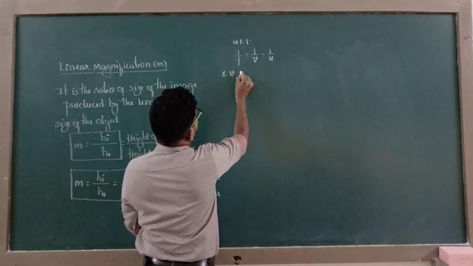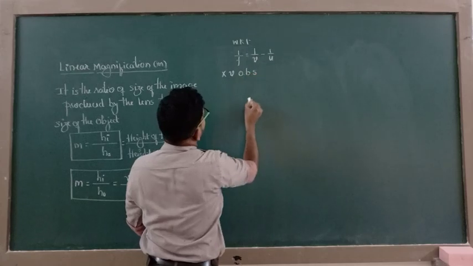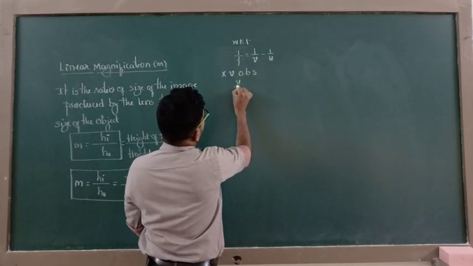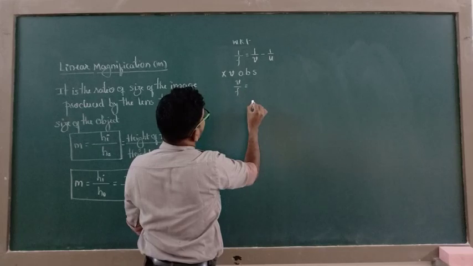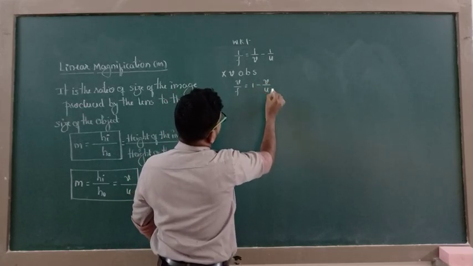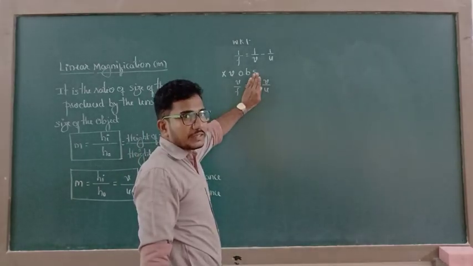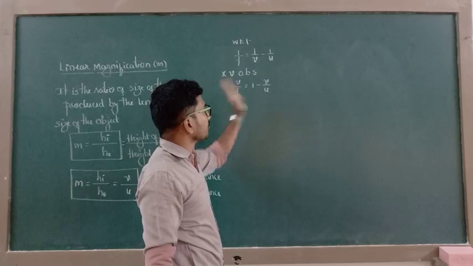Multiplying v on both sides, V by F is equal to V by V minus V divided by U. This V by U is nothing but linear magnification, therefore separate this term.